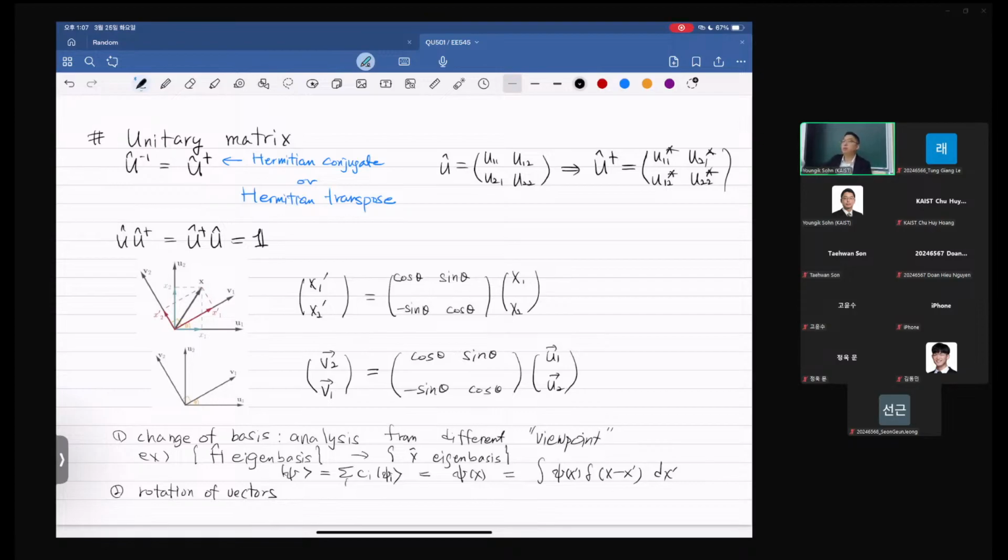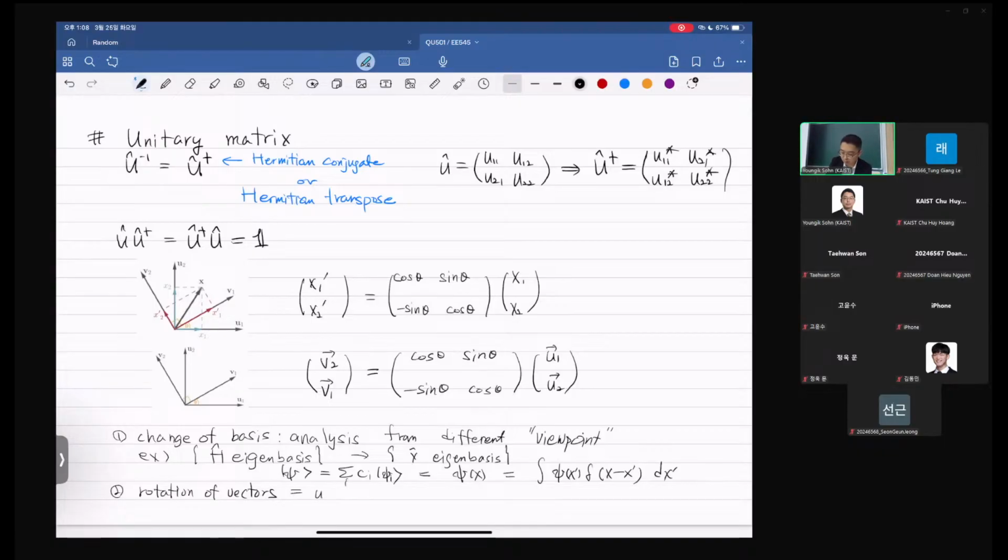And this equation is showing how you describe it as a linear combination of energy eigenstates. At the same time, that is the same as a linear combination of x eigenstates. So it's a bit confusing because I'm using the continuous variable x, but actually they mean the same thing, right? Integral is the summation. So, number two, rotating vectors.